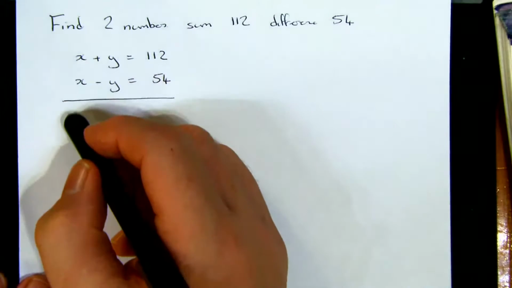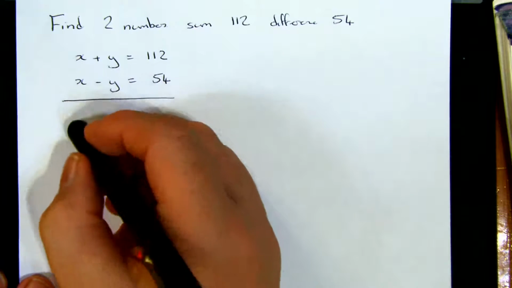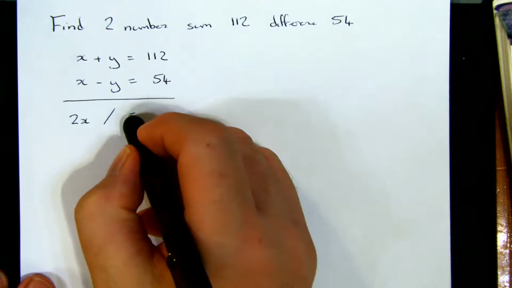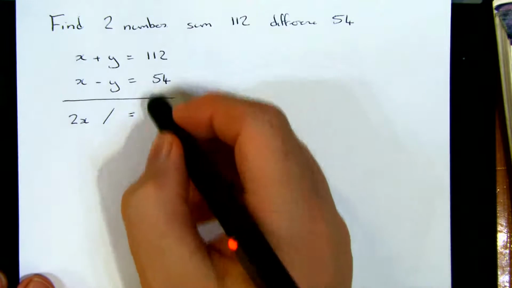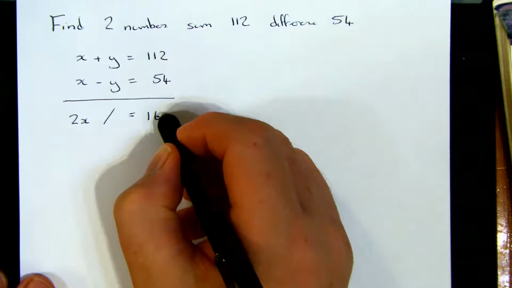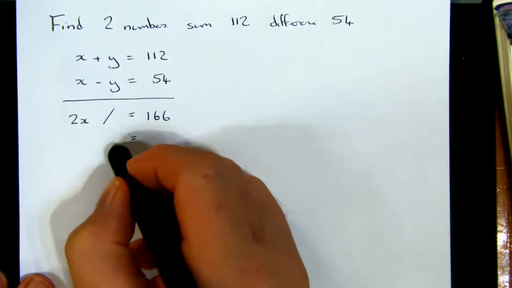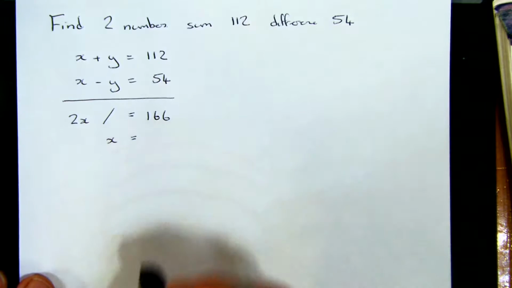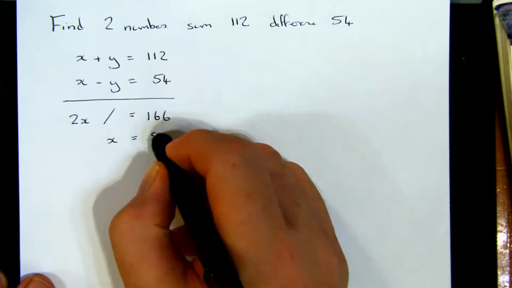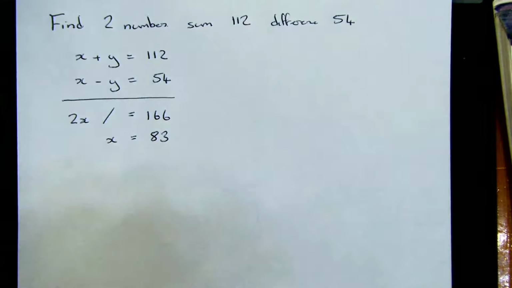So we simply add them up. So 2x, the y's will eliminate, and we add these two up, which is going to give me 166. So therefore, my first number is going to be 83.